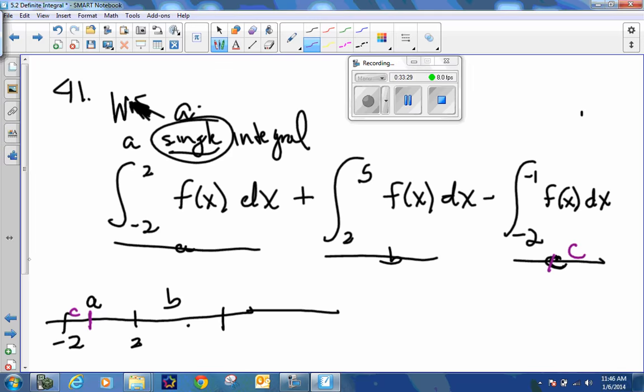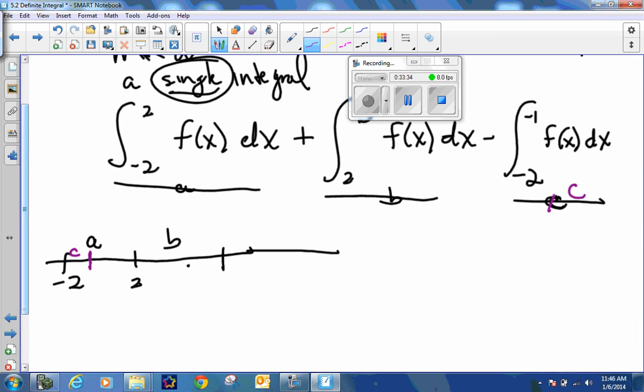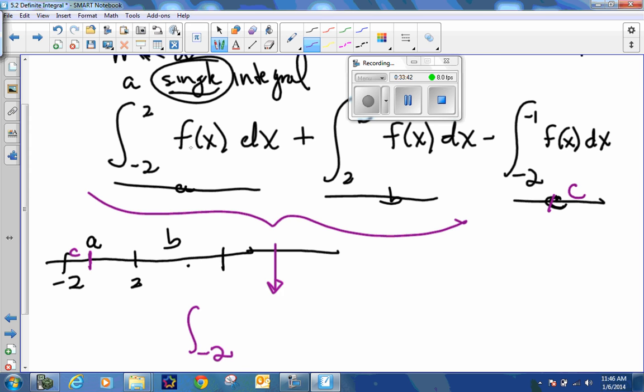So use your properties: I can put these first two together, since they're adjacent, and make the integral from -2 to 5 of f of x dx. That's using the property of the integral from a to b of f of x plus the integral from b to c of f of x.